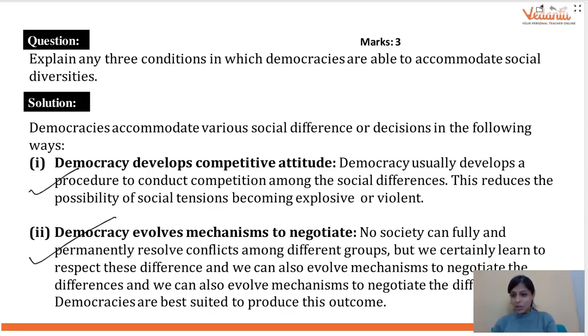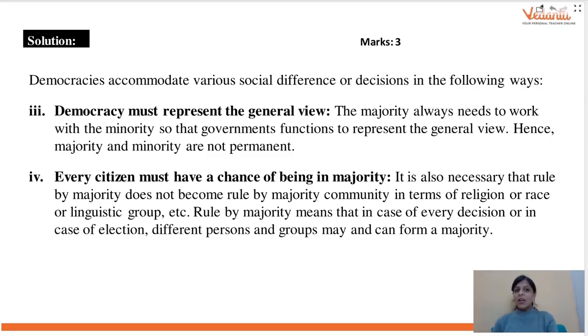Please ensure that you underline these points. And also it respects the general view, and every citizen must have a chance of being in the majority. That means it is important that not only the majority section rules, but the race or the religion that is in the minority also gets a chance to come into power, to negotiate and then proceed further.